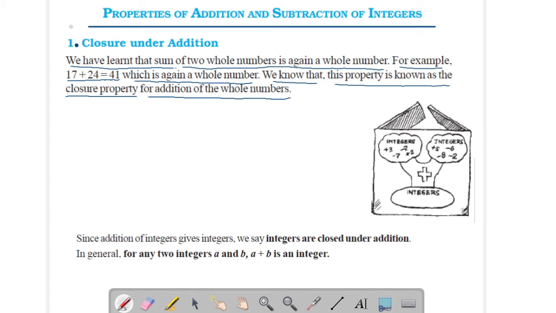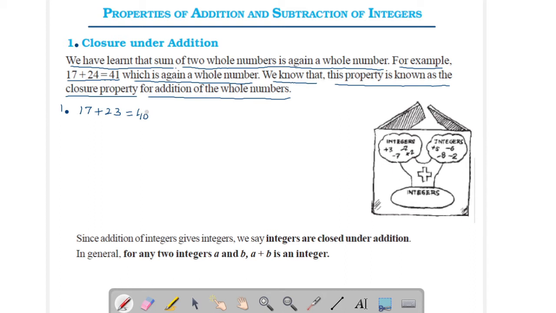Now let us take another example. Say first example, 17 plus 23. If you add it, you will get 40.